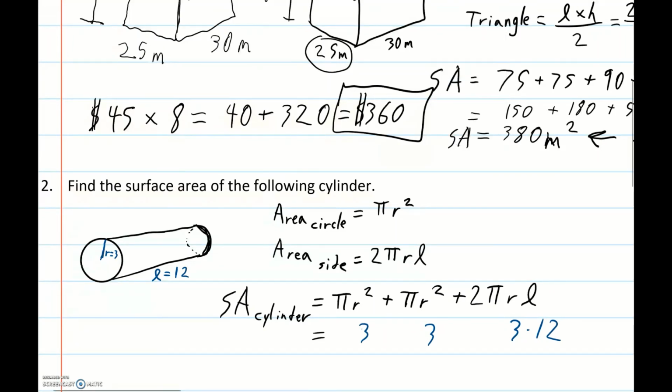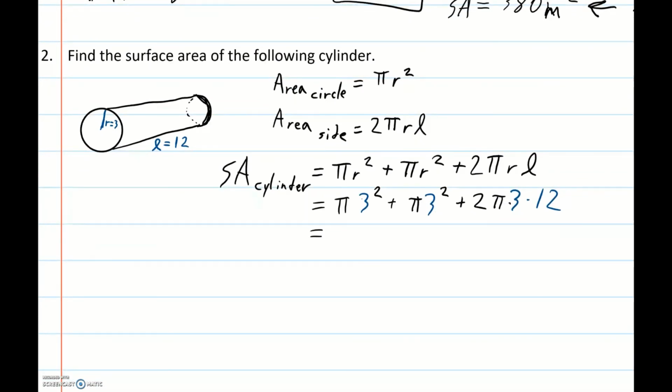So the rest of it would stay the same. Pi, and then there's the squared, plus pi squared, plus 2 pi, and then multiplied. So hopefully you see that the blue numbers come from the blue numbers over here. Okay? They're not coming out of thin air, they're just coming from over there.